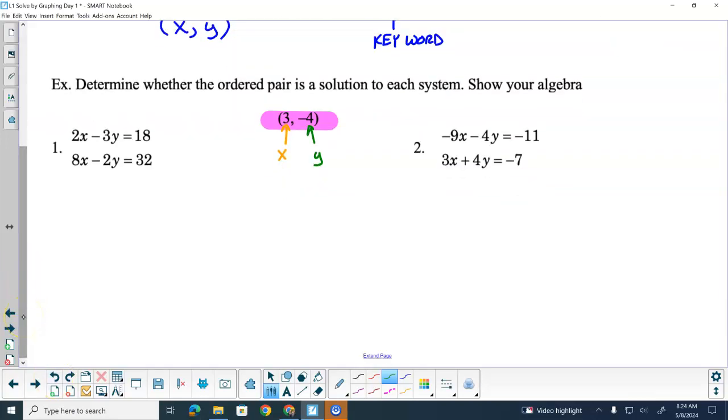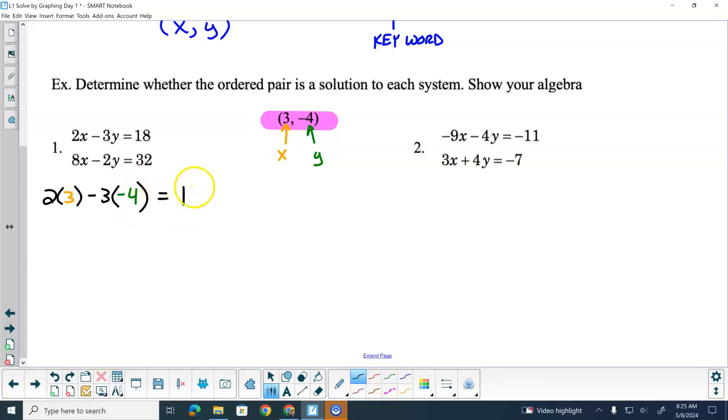So how we would go about doing this is, we would take 2 times x, but now instead x is going to be 3. Write this down, because this is how we show our algebra. Then we're going to say minus 3 times y, but y now is negative 4.